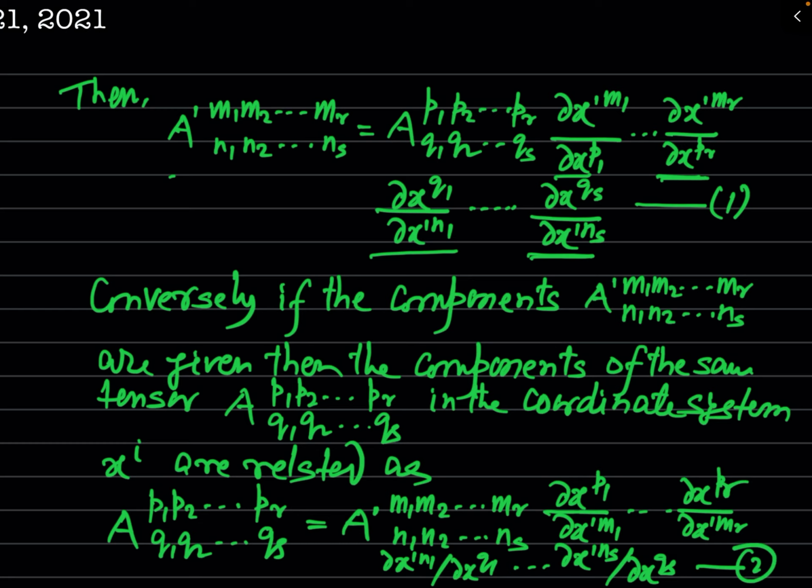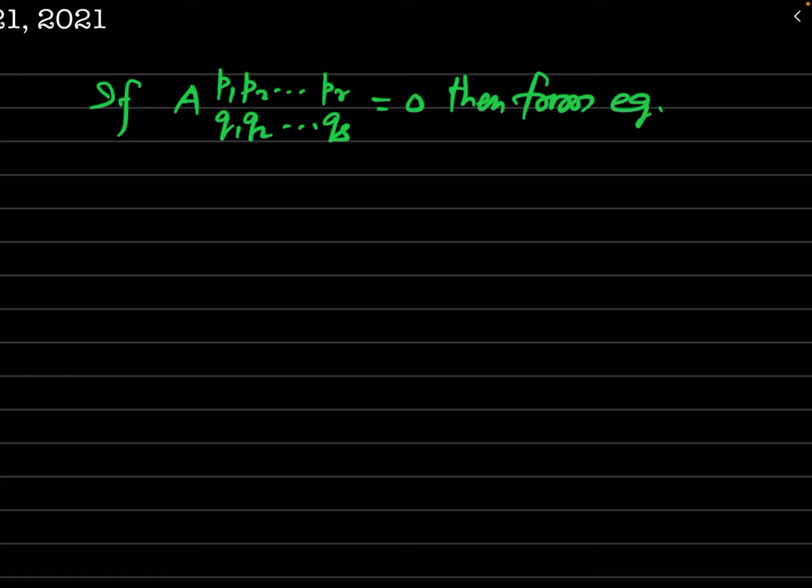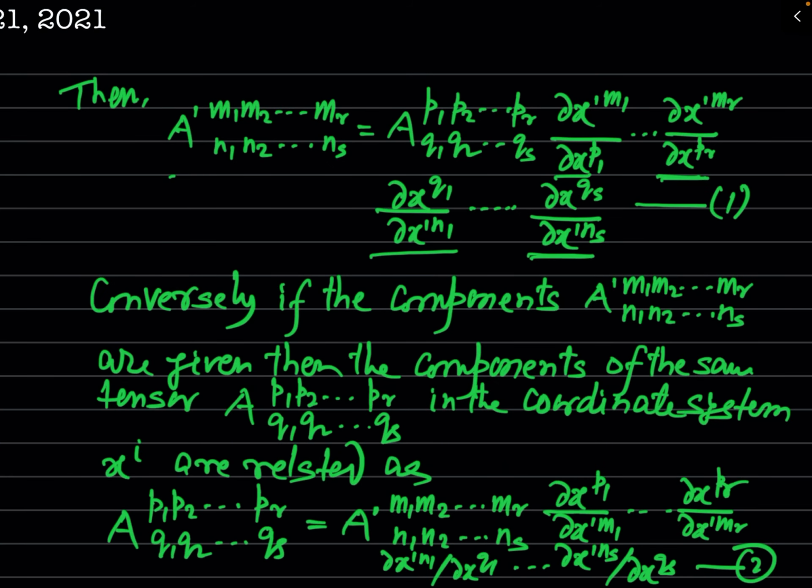Now you can see from this equation 1 and this equation 2, if you consider that the components of this given tensor are 0 in a particular coordinate system, so if A p1 p2 so on pr q1 q2 so on qs is equal to 0, then from equation 1 you can see, if you consider that these components are 0, that is the components of the given tensor in frame S are 0, then from this equation 1 you can easily say that these components A' in frame S' are also 0.